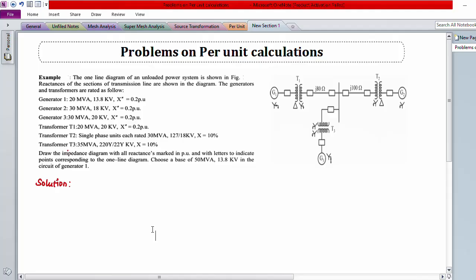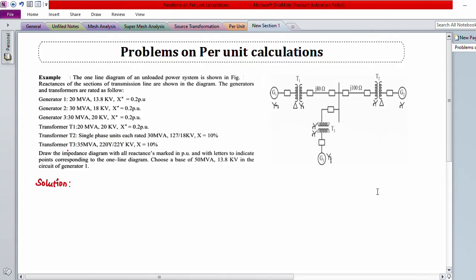For that, we have to choose the base value of 50 MVA, 13.8 kV in the circuit of generator 1. Now, we have to take the 50 MVA and 13.8 kilovolt base from the side of generator 1. In this single line diagram, they have given the three transformers.